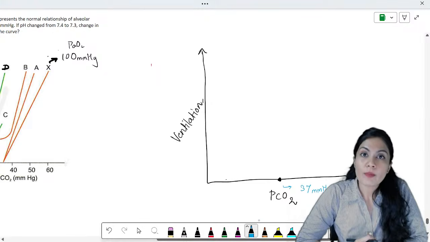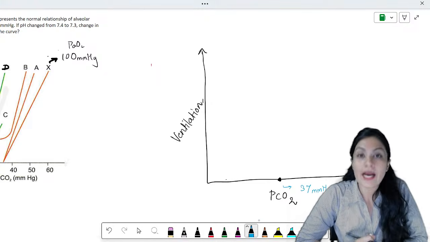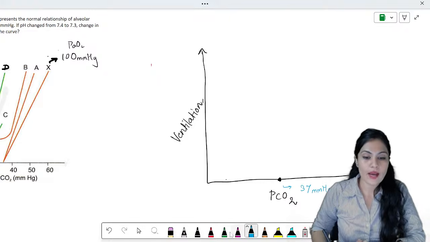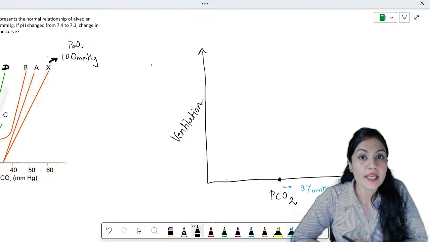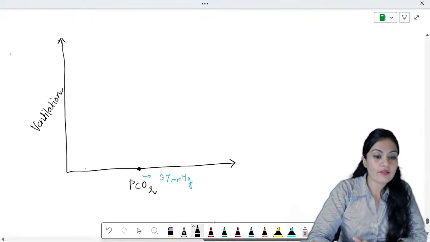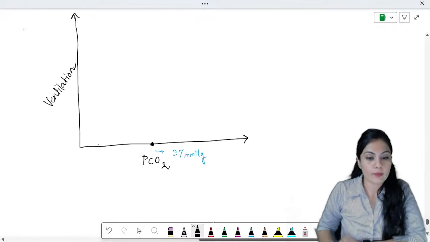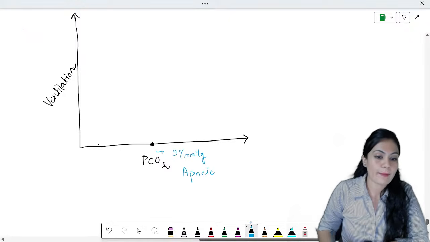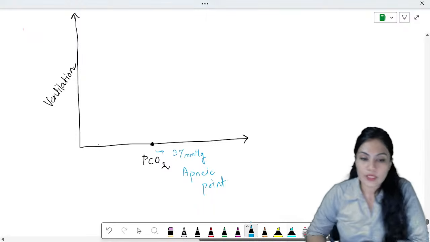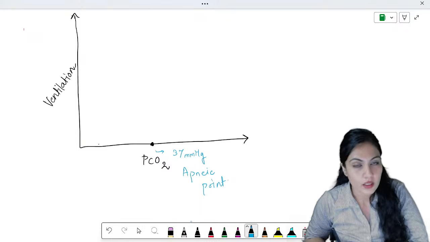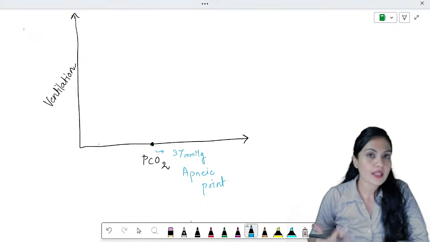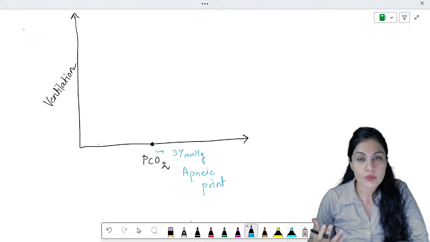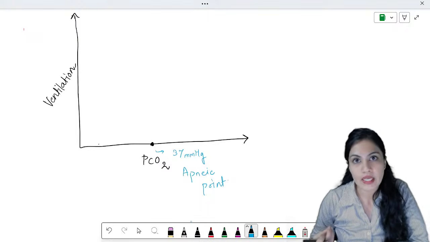It is the partial pressure of carbon dioxide at which apnea will occur, and this point is known as the apneic point, where apnea is going to occur. Normally, this point comes whenever the PCO2 is 37 mmHg.